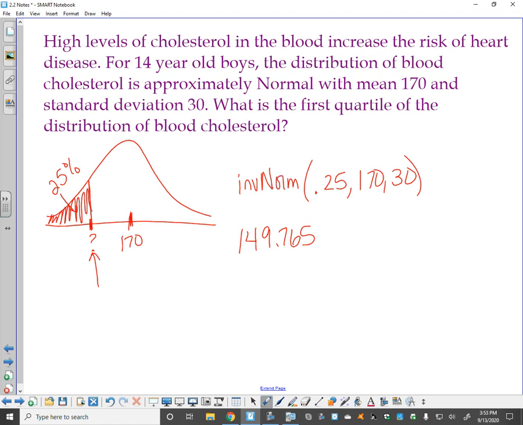So I don't know how this is measured, so I'm just going to put cholesterol level. So 149.765 is the cholesterol level for 14-year-old boys that will chop off the first 25% or the first quartile.